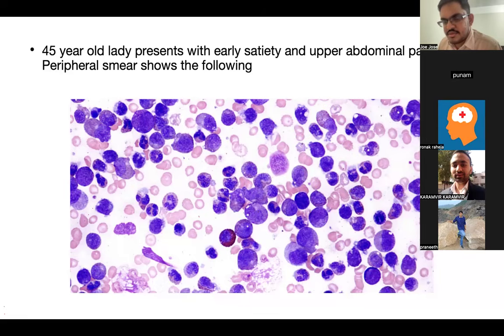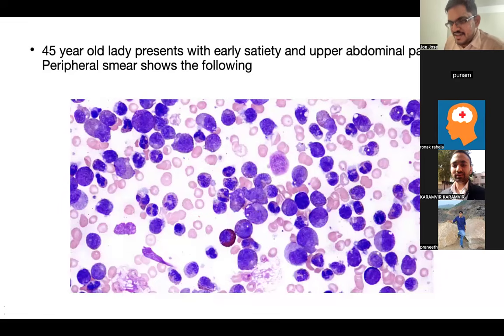Also, to differentiate between chronic phase and blast phase, we'll do bone marrow aspiration and biopsy, and we'll do quantitative RT-PCR and FISH cytogenetics.